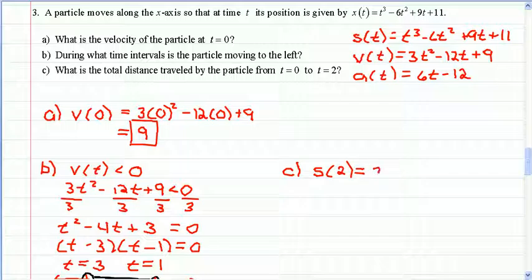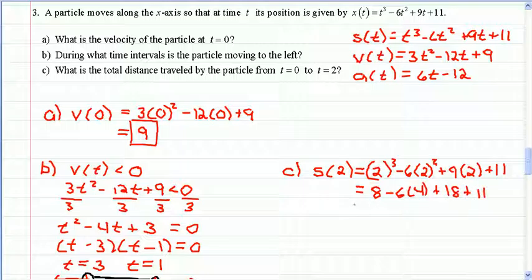So I substitute 2 in for t, so that I have 8 minus 6 times 4 plus 18 plus 11, and 8 minus 24 plus 18 plus 11 is equal to 13. So the total distance traveled is 13.